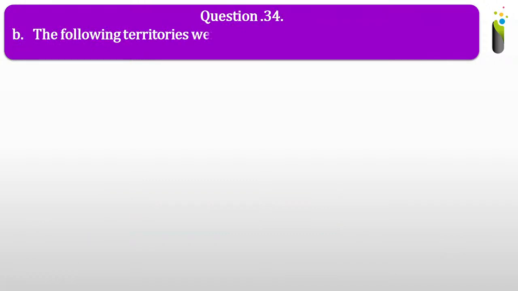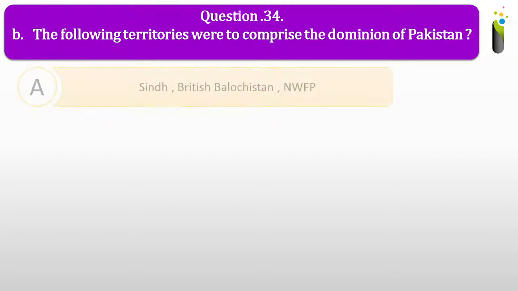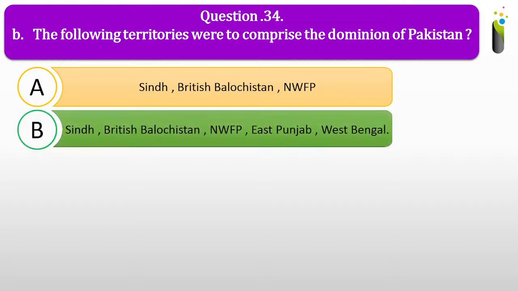Question number 34b. The following territories were to comprise the dominion of Pakistan. A. Sindh, British Balochistan and NWFB. B. Sindh, British Balochistan, NWFB, East Punjab and West Bengal.